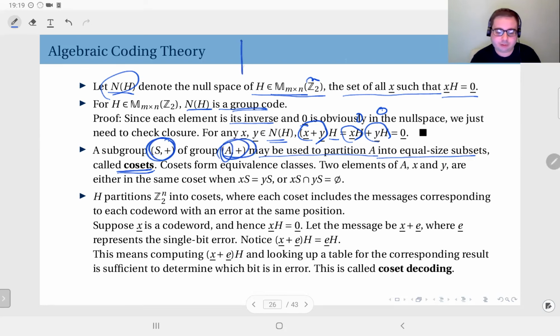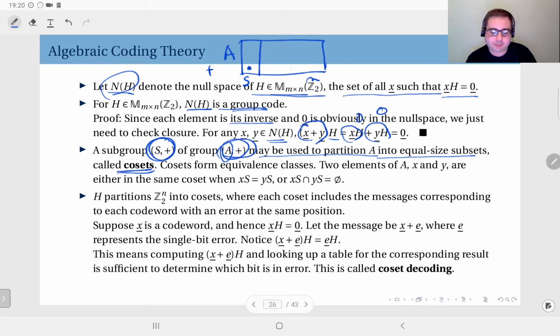Let's say this set is A, along with addition, and this is a group. Take a subgroup of this, let's say this is S, and the identity must be in the subset for that to be a group, because I need the identity in the group.